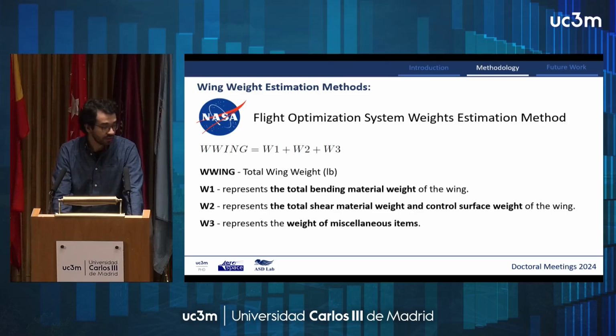The idea will be to use our GFM to calibrate these factors and arrive at a formula that allows us to have a low fidelity weight estimation with less error.